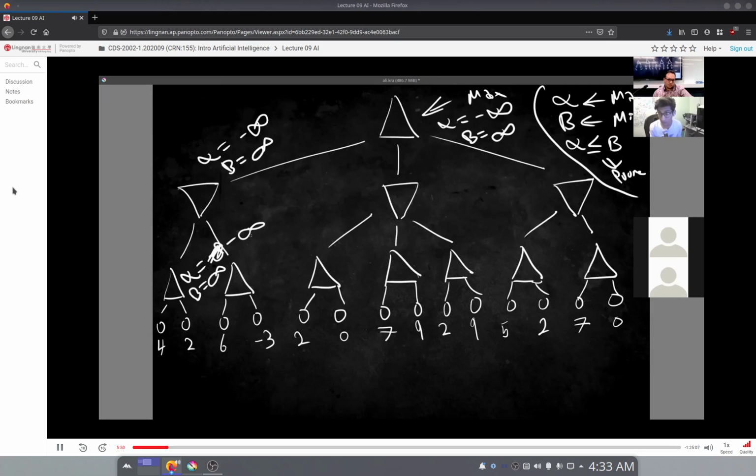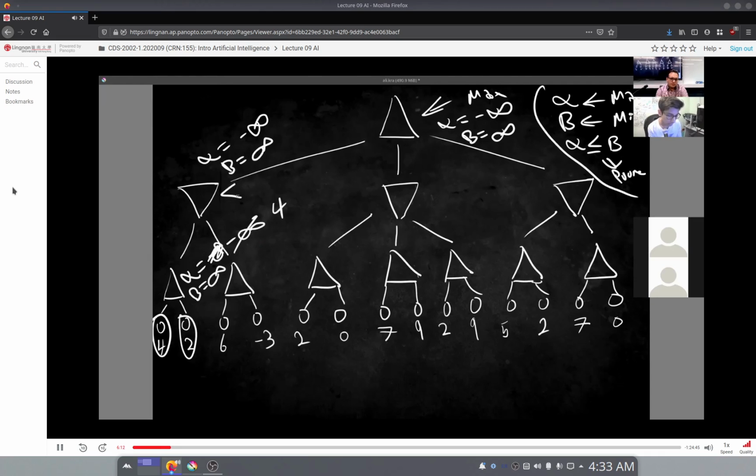Yes, because negative infinity is very small. So we get rid of that one and change it to 4. Then the next one: is 2 larger than 4? No, it's not, so we ignore it.